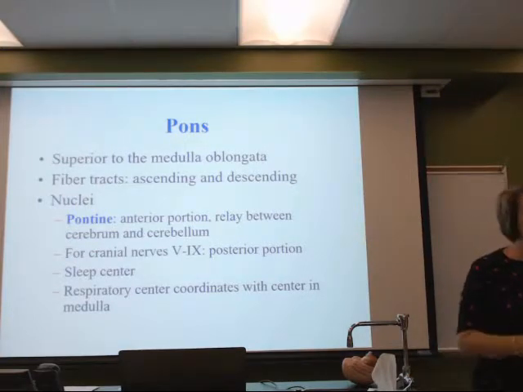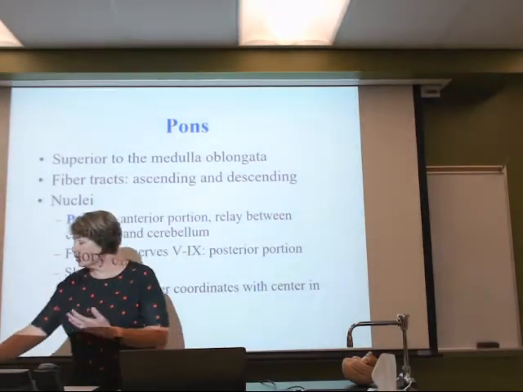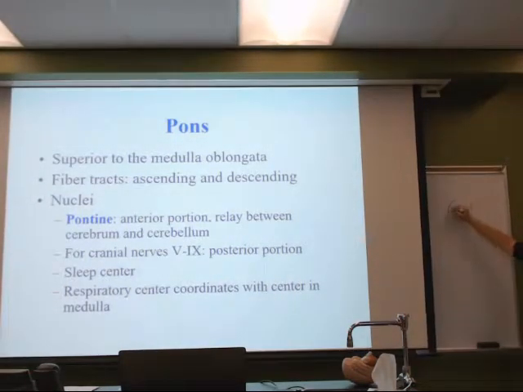Do you guys remember me mentioning nuclei? Okay, the nuclei are going to be these regions of very dense nerve cell bodies. Now let's think about that again, because if we're saying the nerve cell body, once again, let's go back to what we think of as a neuron: body, dendrite, axon, terminal end.